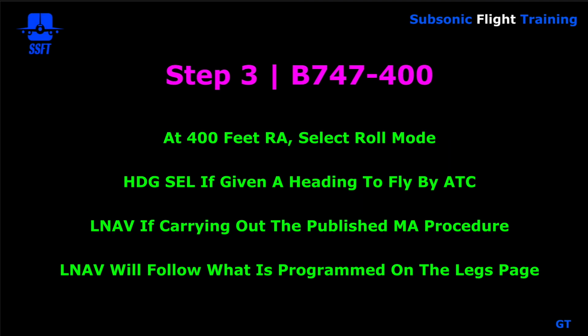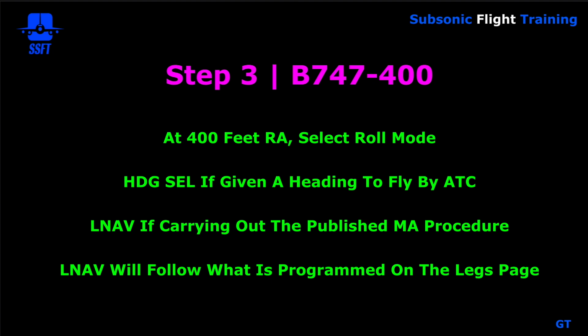Step 3 now would be to configure to a roll mode. Depending what airplane you're in, it will vary a little bit in how you do this. If you're in the 747-400 at 400 feet RA, we would select a roll mode if ATC has assigned a heading.